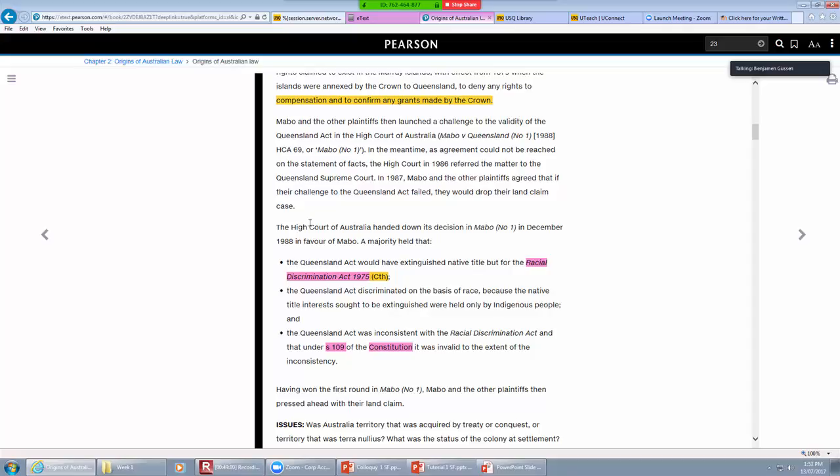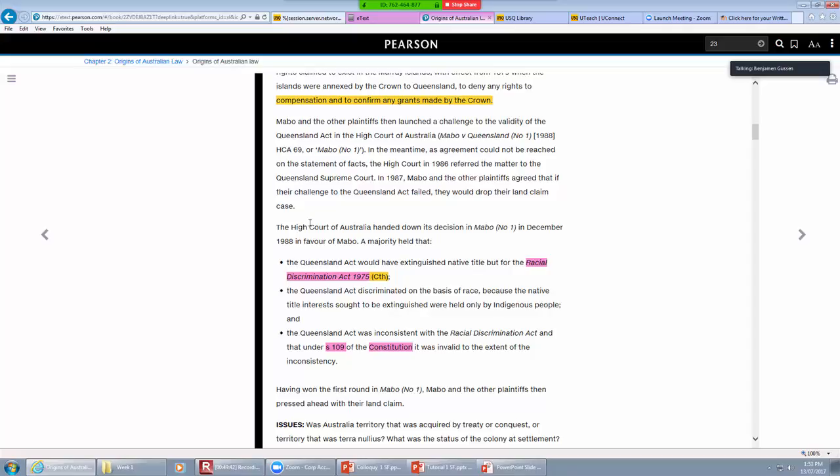And the court decided, after 200 years of declaring Australia as a terra nullius, that that was wrong. 200 years later. And they opened the door to the possibility that Aboriginal people in Australia can actually have native title to areas they have been occupying continuously, basically for millennia.